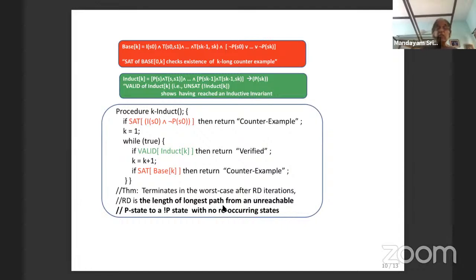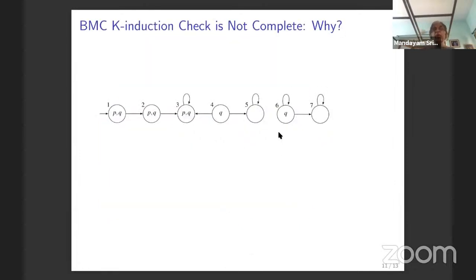Why does it not need to terminate? That's why it is not complete, and it is because the inductiveness check is only a sufficient but not a necessary condition. Look at this example. So here is a state.